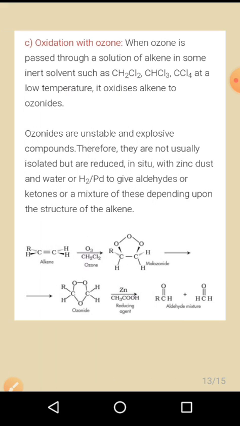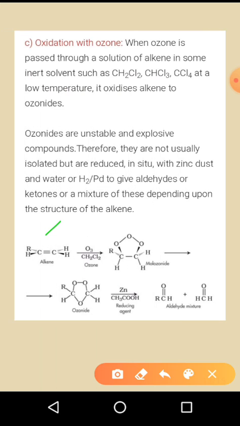Ozonides are unstable and explosive compounds, therefore they are not usually isolated but are reduced with zinc dust and water or H2 over palladium to give aldehydes or ketones or a mixture of these depending upon the structure of alkenes. So here is the alkene.